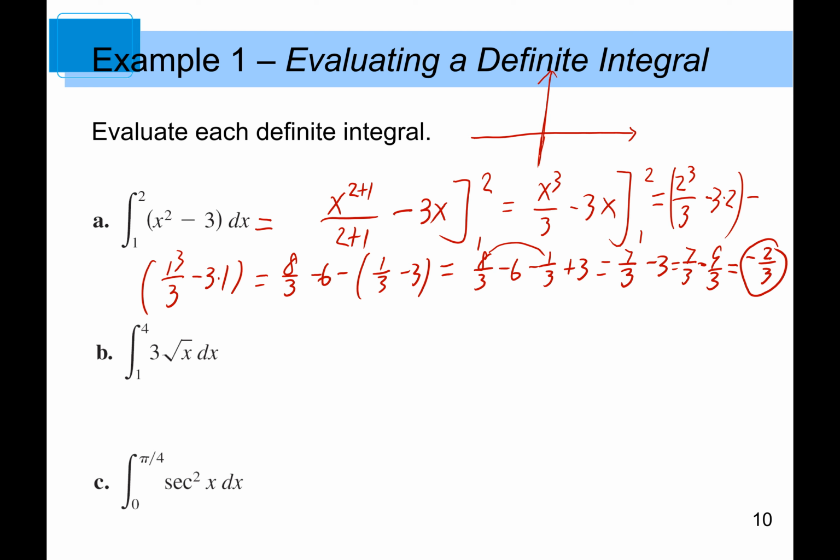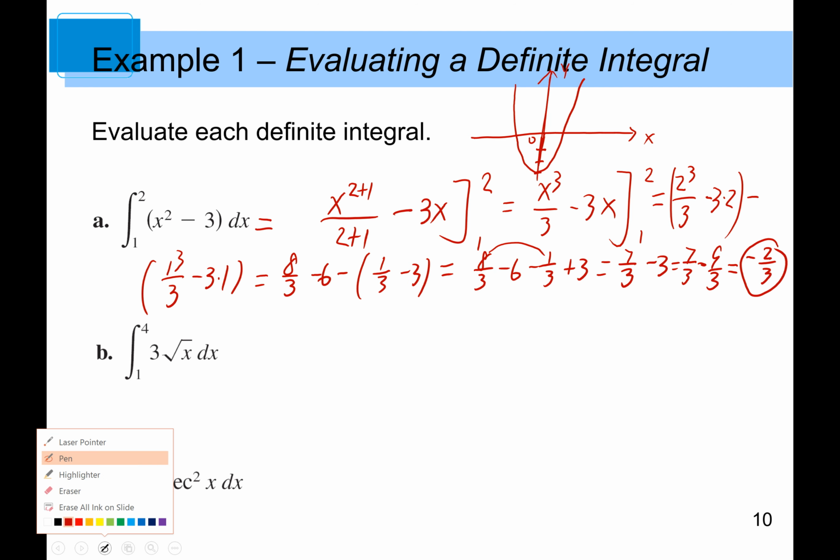Okay, x or y, negative 1, negative 2, negative 3. So this is a graph of the parabola. And as you can see, we're looking at from 1 to 2. So this is 1, 2.